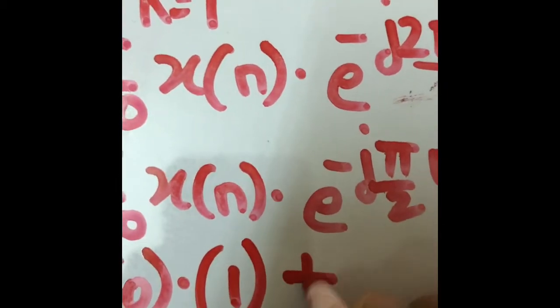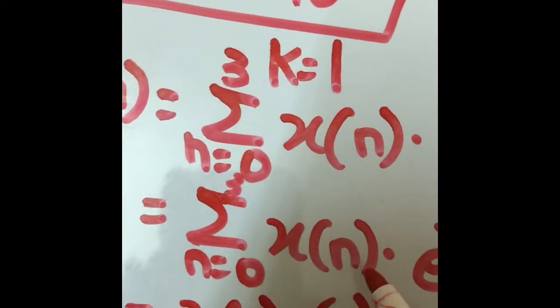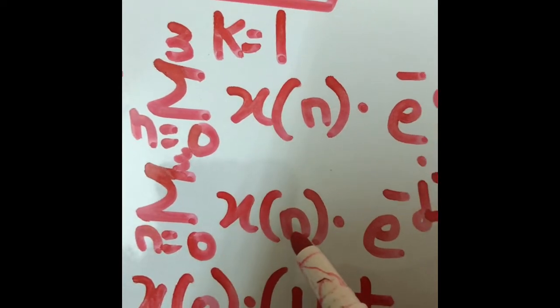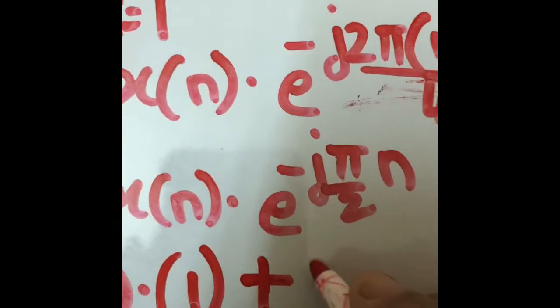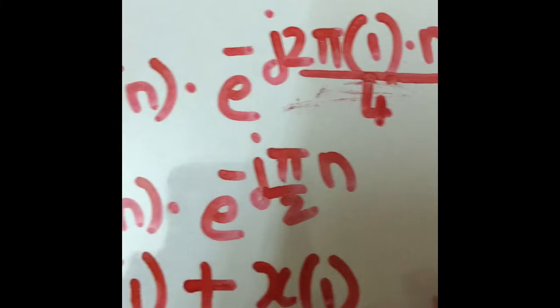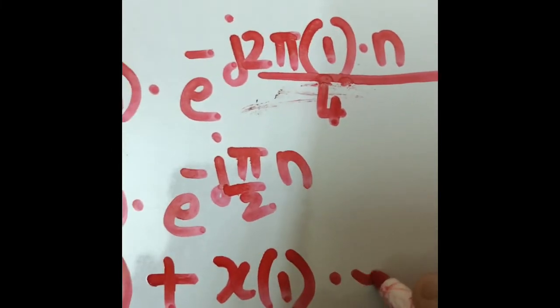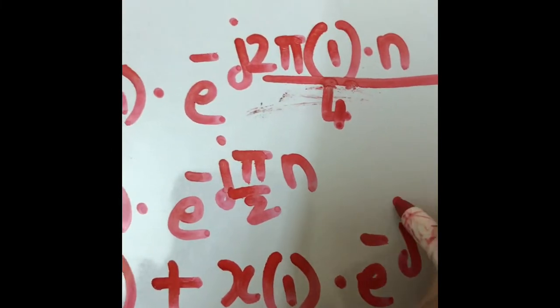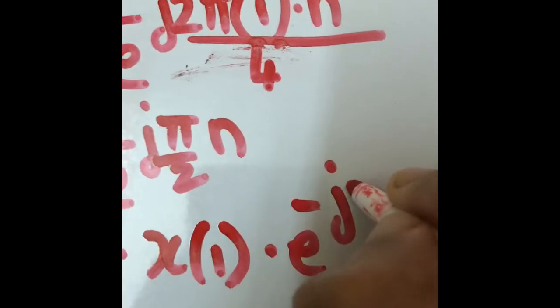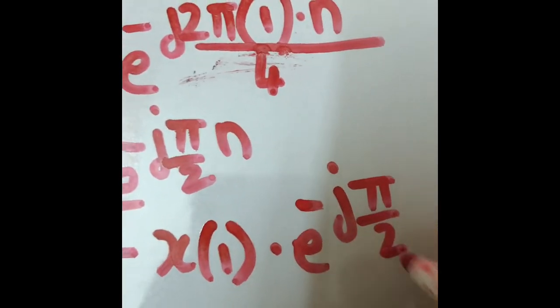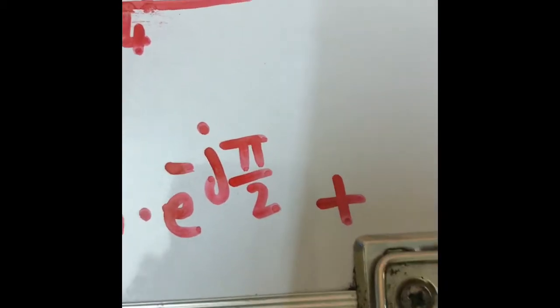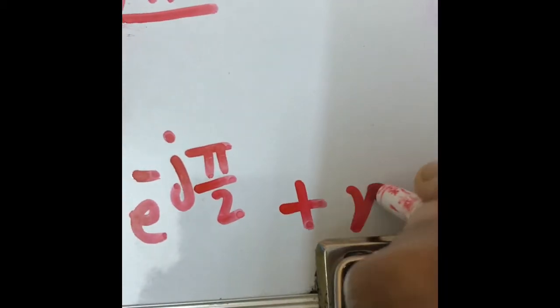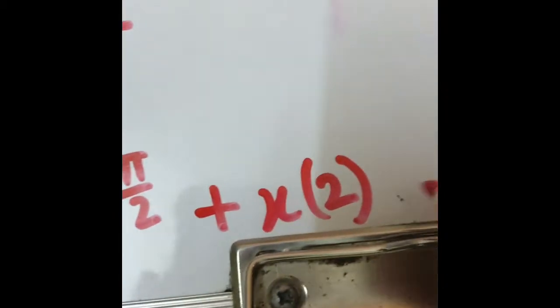Then plus, the next value of n to be substituted is n is equal to 1. So x of 1 into e raised to minus j pi by 2, plus the next value of n is 2.